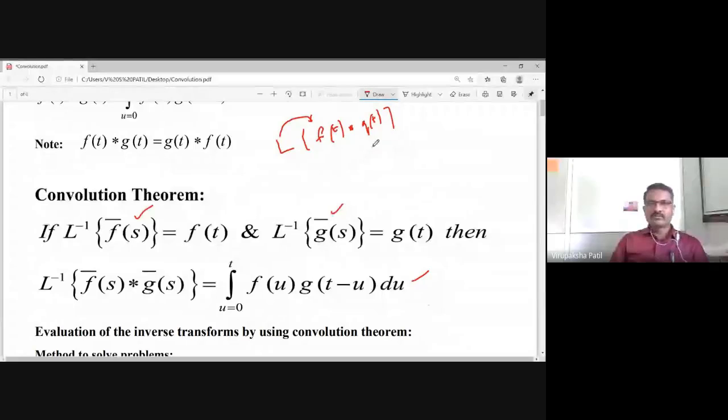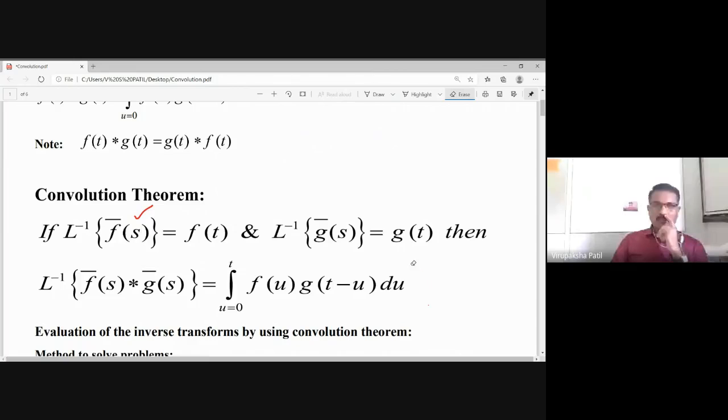It is not applicable. You have to convert this in terms of a sum or difference, then you can apply the Laplace operator according to the linearity property.